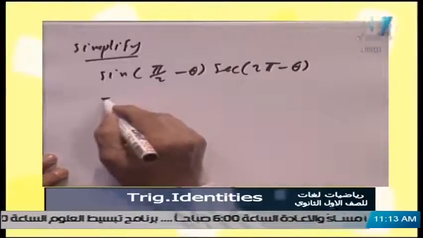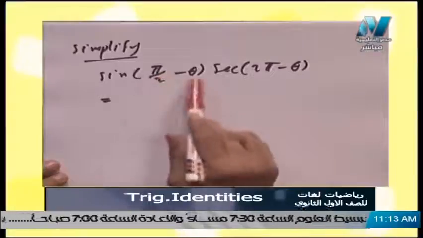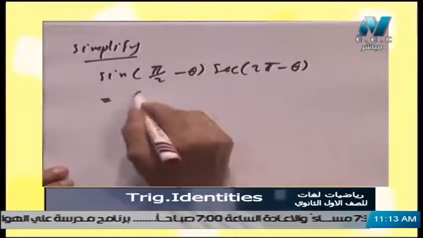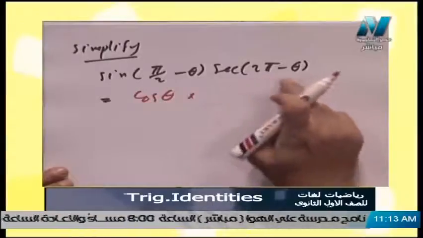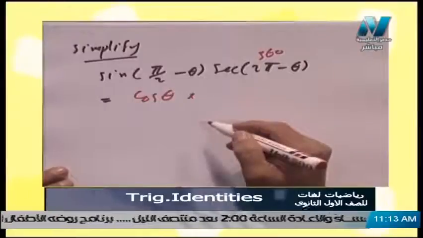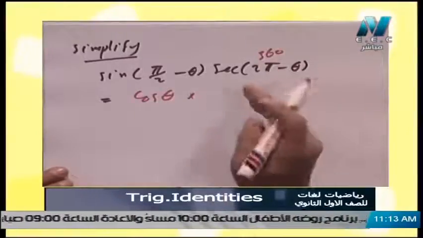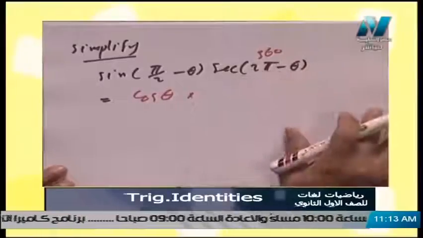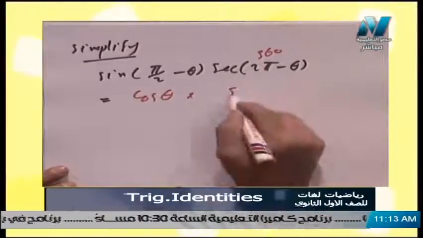We know that sine pi over 2 minus theta directly equals cosine theta, and sec 2 pi minus theta, where 2 pi means 360 degrees, doesn't change the function. It's also sec theta.